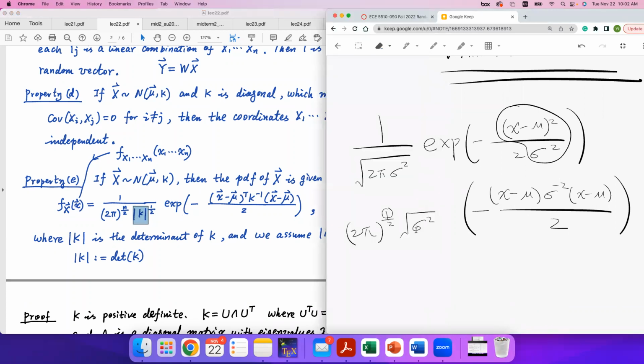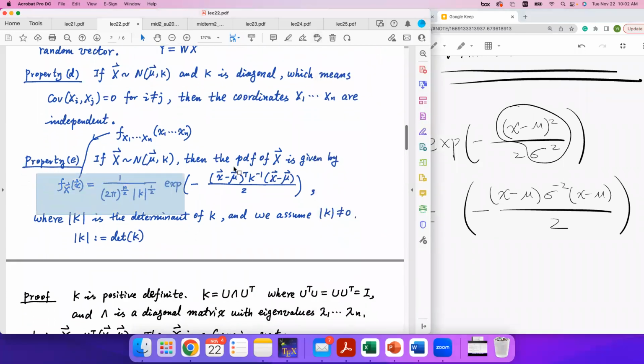In the one-dimensional case, the determinant simply becomes the absolute value, so it doesn't matter because we have a square here. So this is the PDF of a general high-dimensional Gaussian random vector.